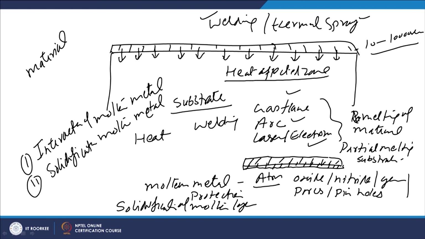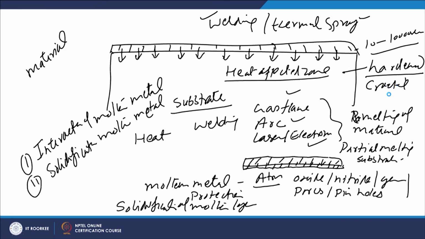If the material is really hardenable, it can tend to get hardened, and this hardened layer may show a cracking tendency. These are other undesirable effects as far as surface modification using welding is concerned.